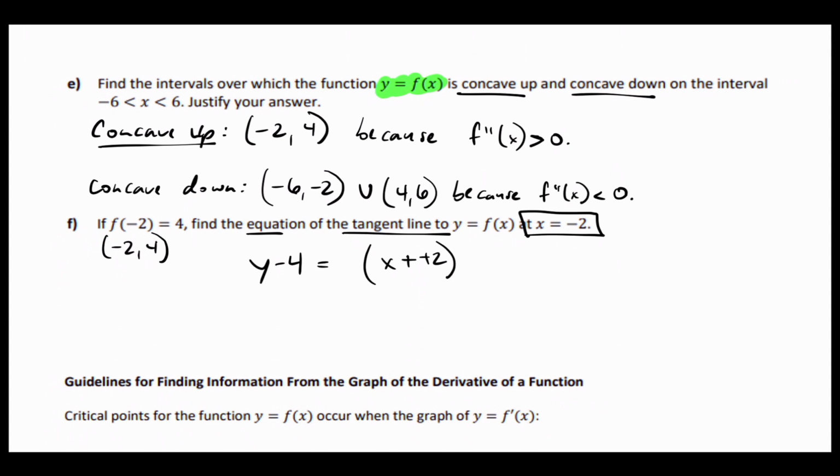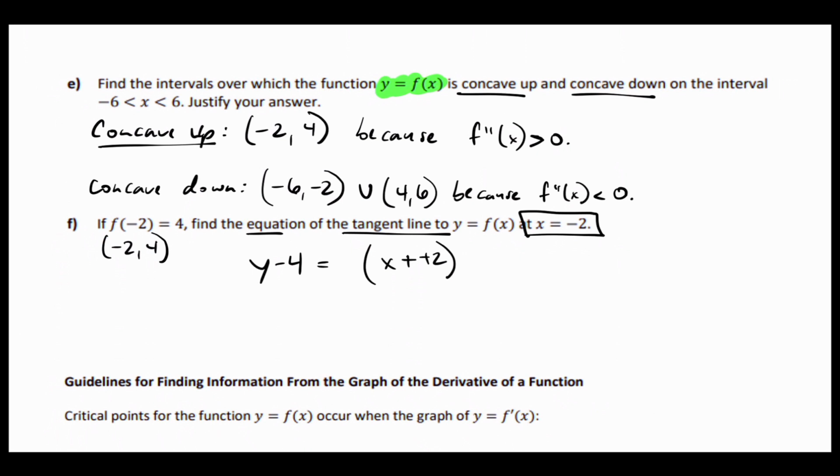So how do I find the slope of the original at -2 using the graph? So I need to find the slope of the original at -2. Using the graph.